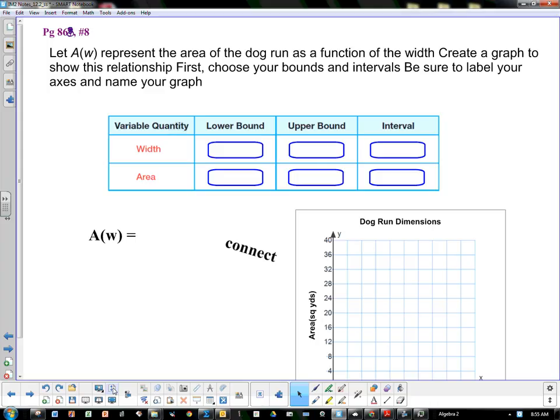And what do you think the lower bound of the width was? What's the least the width could be? Do you agree, 0? Yeah. Now, according to that table that we just did, what was the upper bound of the width? Upper bound of the width. 16?